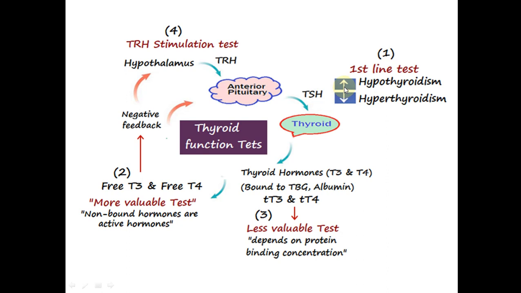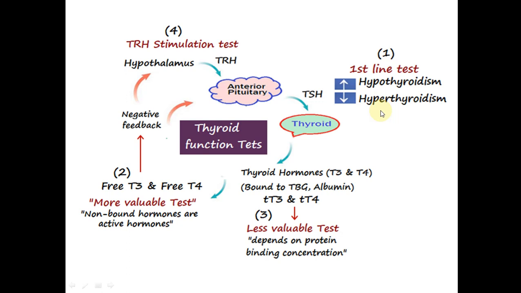By this we mean that thyroid hormones are not properly produced, and the low level of thyroid hormones will stimulate the hypothalamus and anterior pituitary to increase the secretion of TSH. So it is the first line test in thyroid disorders, and it will be elevated in hypothyroidism and it will be decreased in hyperthyroidism, where the excess availability of the thyroid hormones will suppress hypothalamus and anterior pituitary to decrease the secretion of TSH.